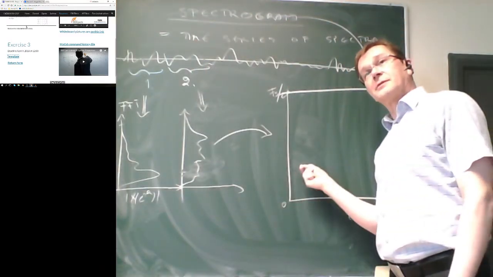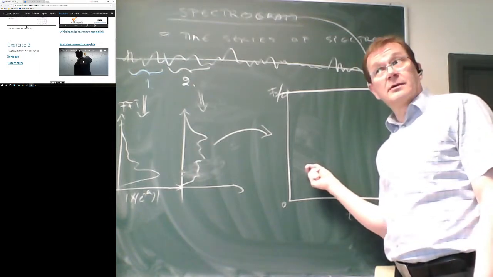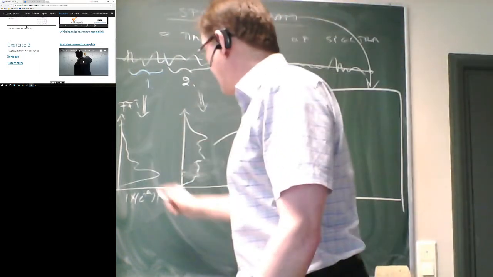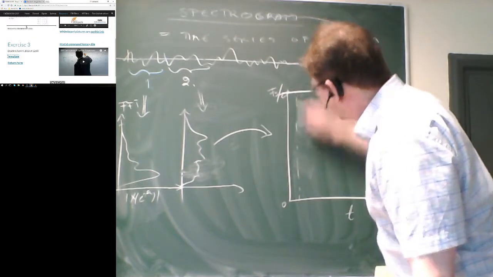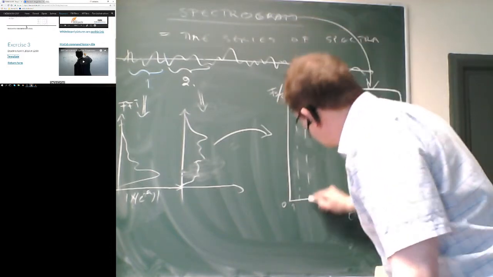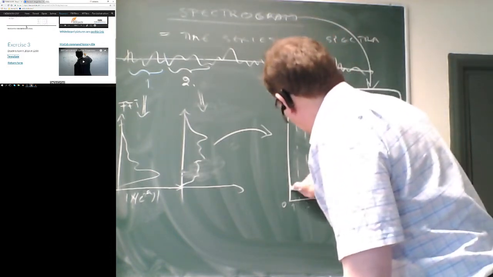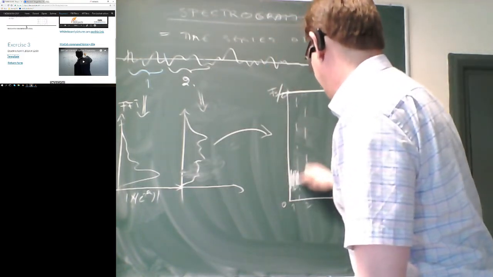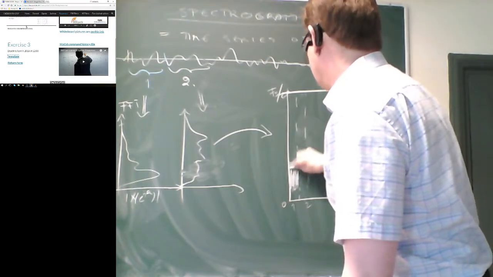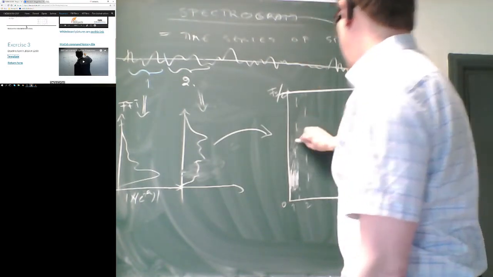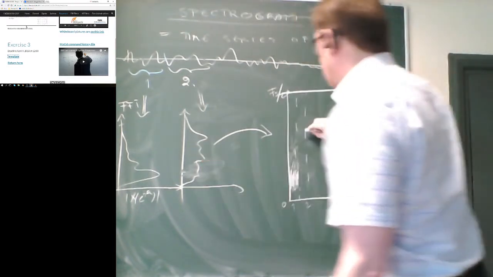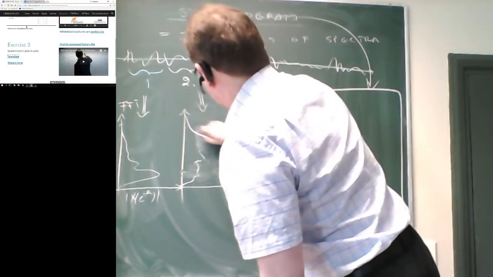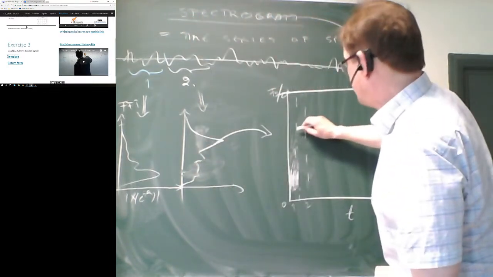The question is where to put the spectrum information: it goes in this direction, meaning color coding. So we have sample 1, sample 2, and somewhere here we had a little bit higher components that fade out.